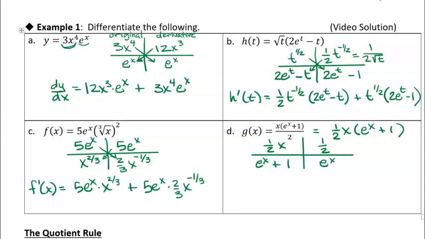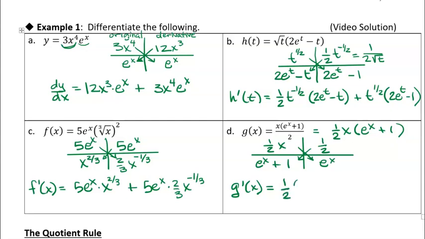Just e to the x, because the derivative of the constant is 0. And now I can draw my arrows, and then I'm going to write g prime of x equals, all right? We're going to label it. It's a new function. It's the derivative now. So I just need to multiply the two diagonals.